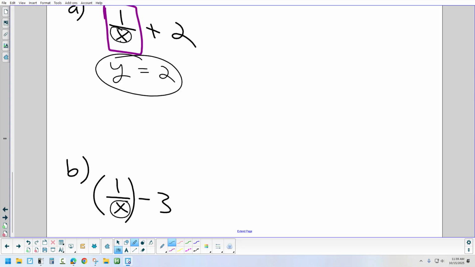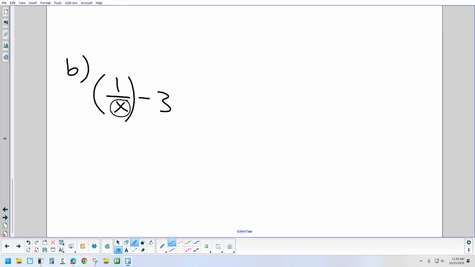Yep, how would you write it as an equation? Y equals -3. Okay, so on the test, if you have a choice, like a multiple choice, and it says y equals -3, x equals -3, and you pick x equals, that's not right for a horizontal. That would be for a vertical.